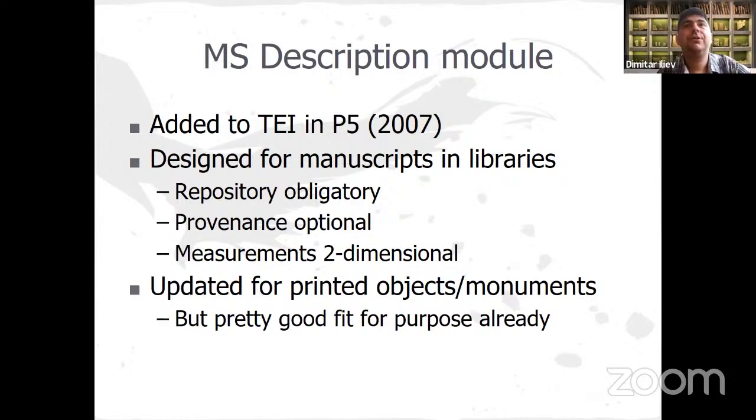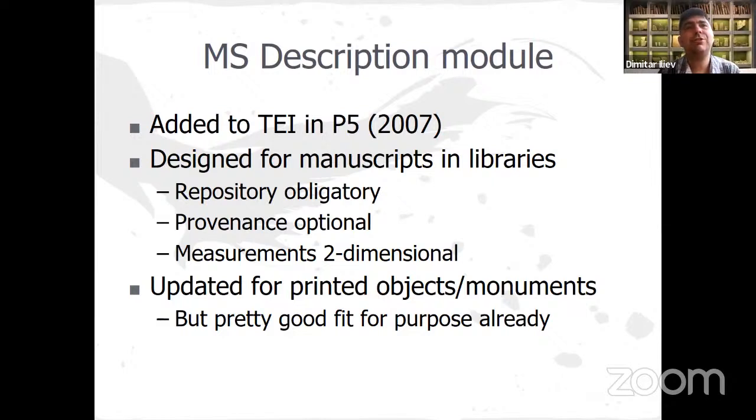So yeah, as I told you, this is designed primarily for manuscripts in libraries, and the repository number was primarily intended for a library repository. So the repository was obligatory when this was first added as a module in TEI, the generic TEI schema, in its P5 version, which is from 2007, and this is the current version with only slight modifications since then.